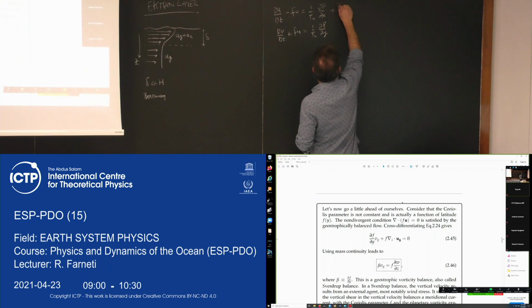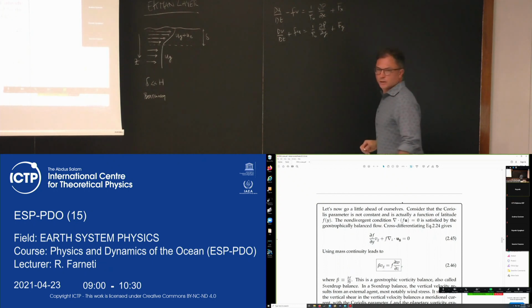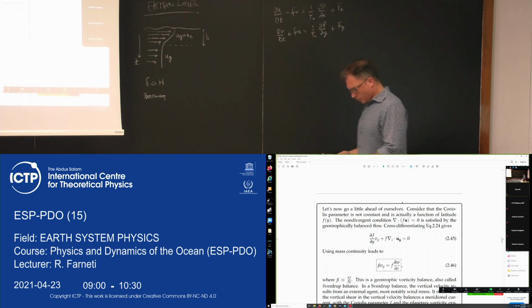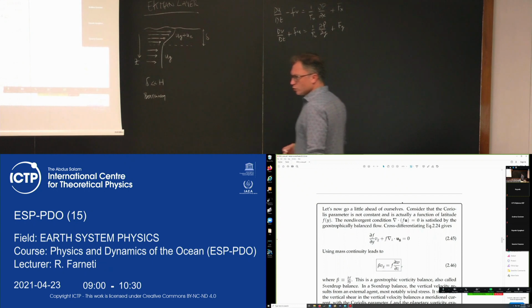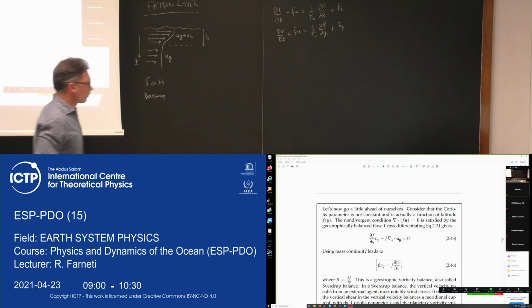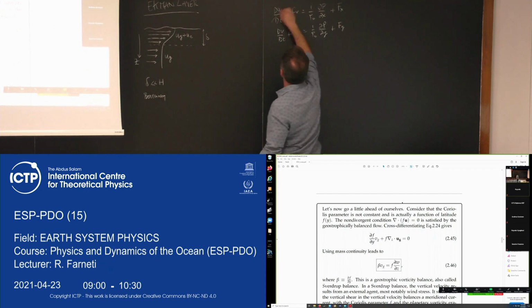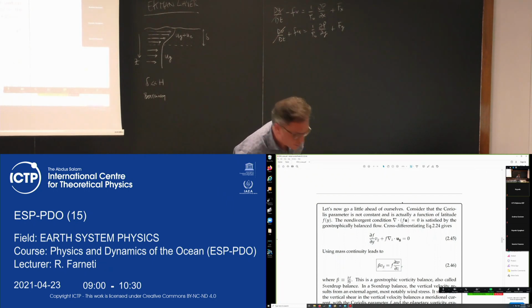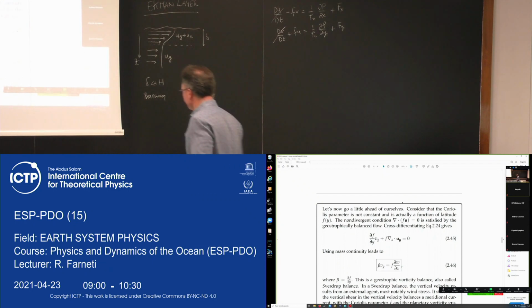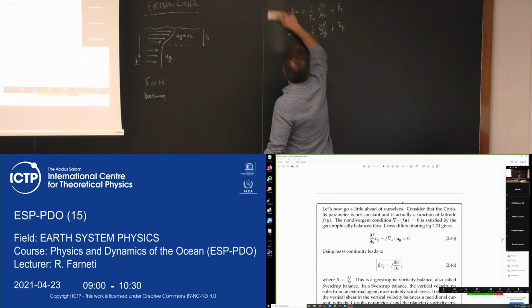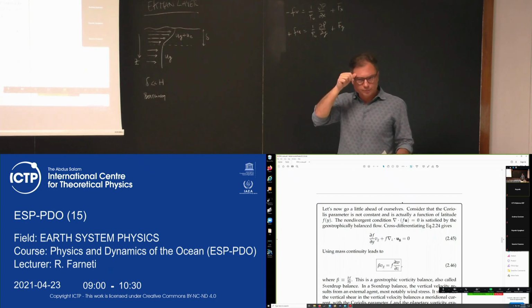Now what we're going to do is add a frictional term. And if we assume no accelerations in the fluid, so if we look at the steady state, then this is the set of momentum equations with frictional effects on.